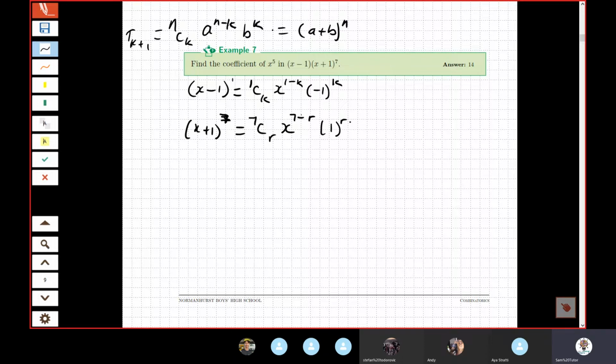Let me continue it for a second. I'll talk as I'm working it out. Now I know these two are multiplied, so that means these two things need to be multiplied, which means x to the 1 minus k dot x to the 7 minus r must equal to x to the 5. That means 8 minus k minus r must equal to 5.